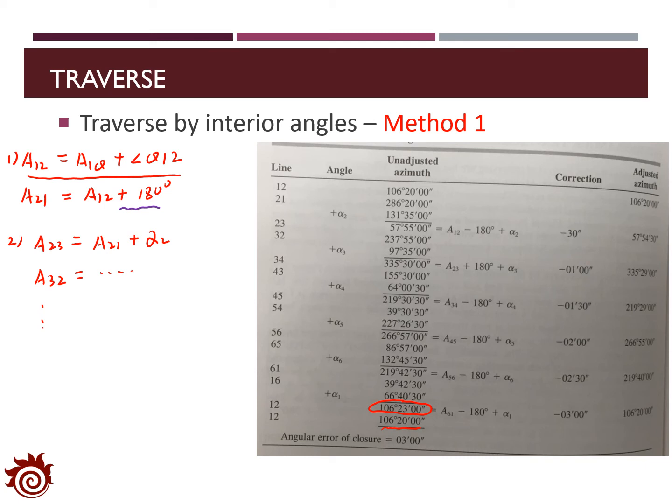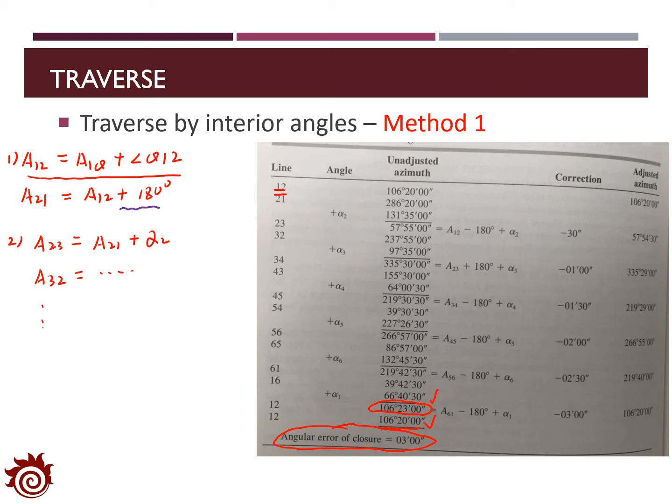With that, you need to find out the closure error, which will be the difference between the estimated value and the true value from the given condition. And similarly, you need to apply the corrections for all the sides. Basically, you don't need to apply any correction for 1, 2 because 1, 2 is coming from the true angles.